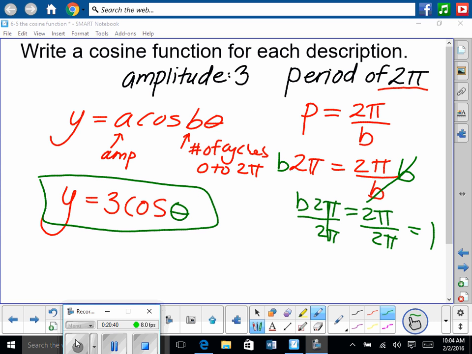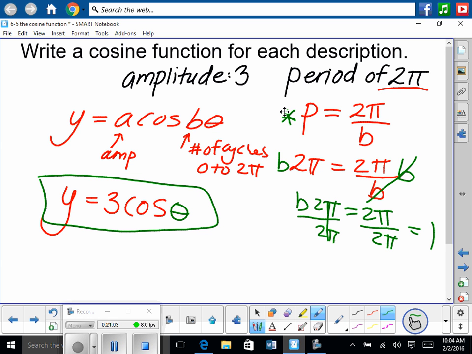In this problem, you are given a period, right? You guys are plugging that right into the equation. Is b the period? No, that's the number of cycles from 0 to 2 pi. So you can't just plug that in. Wrong. You have to know, okay, the equation for period is period equal to 2 pi over b. Now put in what you know. You're given the period, whatever it is.